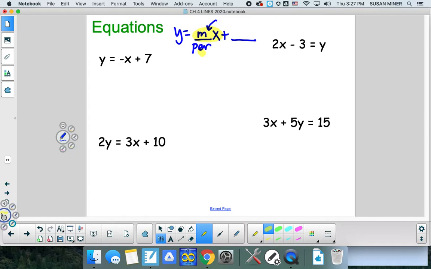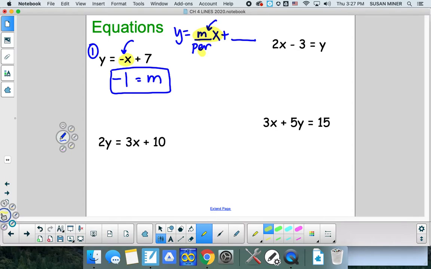So if I'm looking at this equation here, we'll call this number 1. What I do is I find my x variable. What number is paired here? How many x's do I have? Well, in this case, I have -1. So my slope, or my m value, is -1. That one was super duper easy.